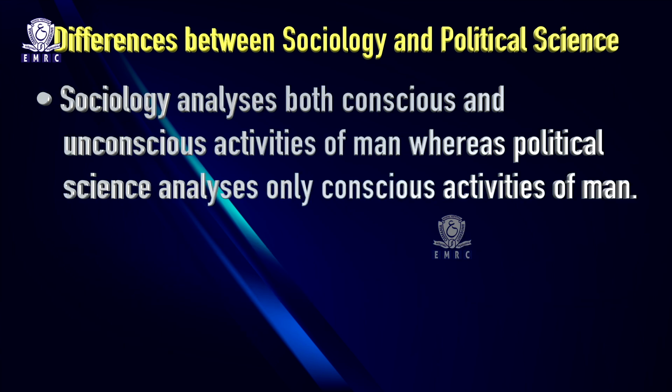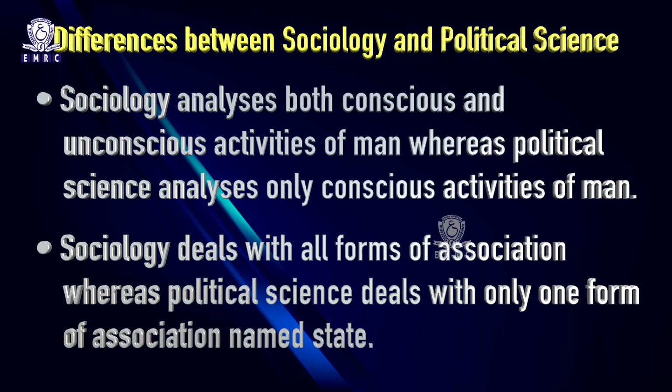Sociology analyzes both conscious and unconscious activities of man, whereas political science analyzes only conscious activities of man. Sociology deals with all forms of association, whereas political science deals with only one form of association, named the state. However, political institutions and social behavior are closely linked with the economic system and social classes.